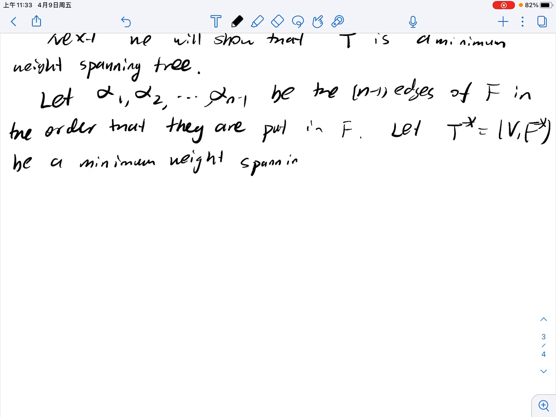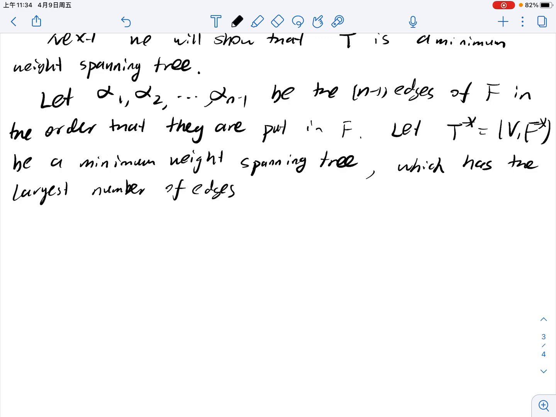For a minimum weight spanning tree, you might have a lot of choices. Now you find the extreme one, extreme in the following sense: which has the largest number of edges in common with T.